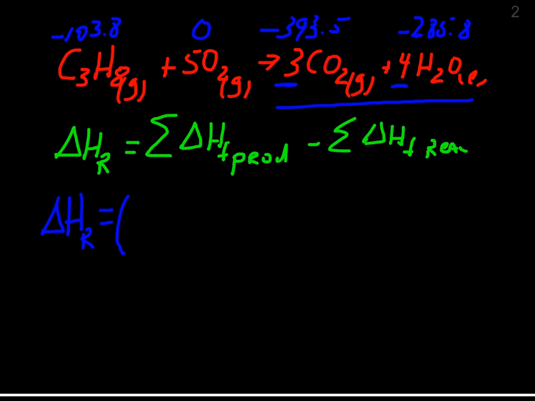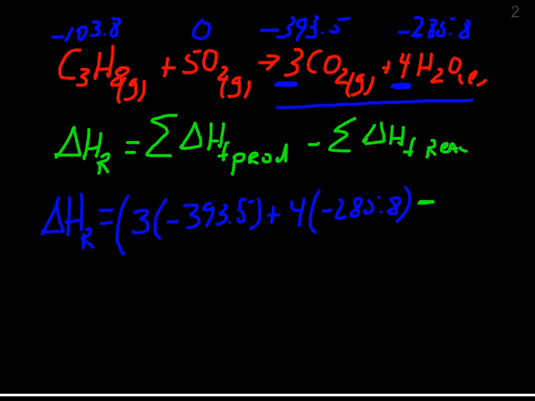The heat of formation of the total products will be 3, because of that 3 right there, times a negative 393.5, plus 4, and that 4 is that 4 right there, times a negative 285.8, and now minus, because I just took care of the two products, now I got to take care of the reactant, minus a negative 103.8.